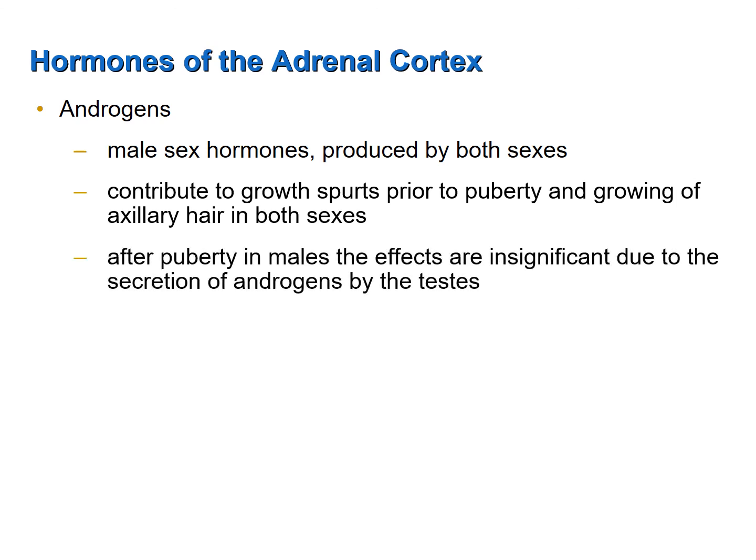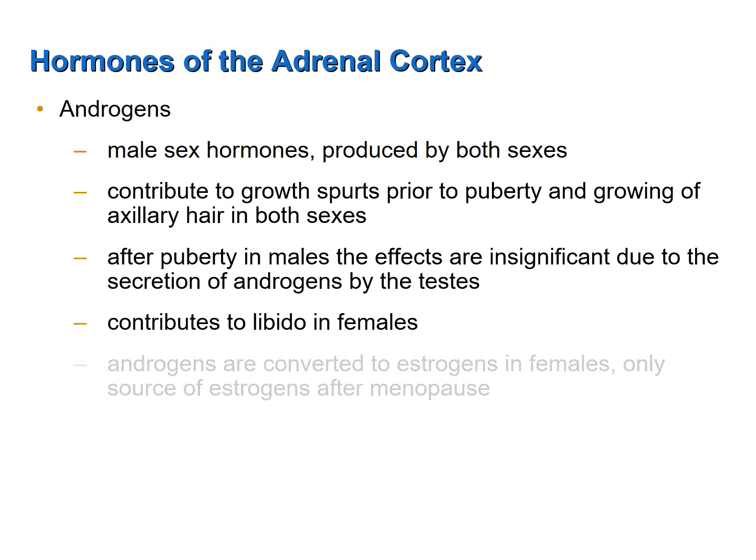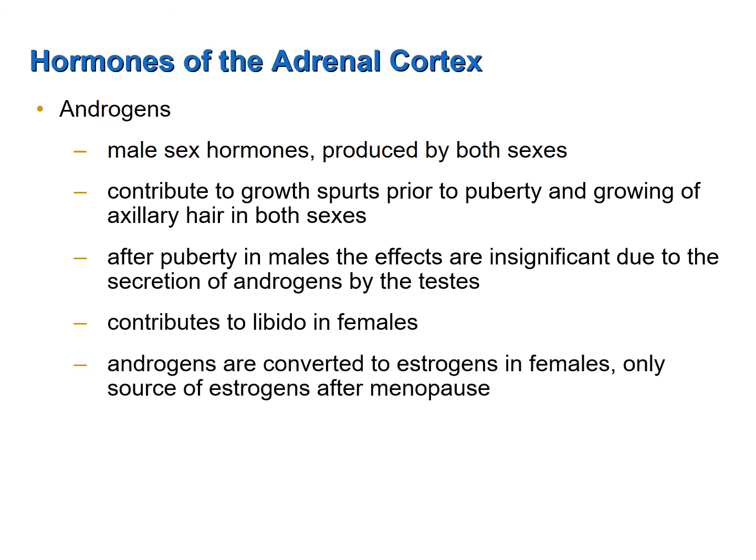After puberty in males, such a large amount of androgens are released by the testes that the amount released by the adrenal cortex is pretty much insignificant. However, in females, androgens appear to contribute to libido, or sex drive, and they are converted to estrogens. In fact, after menopause, androgens from the adrenal cortex are the only real sources of estrogen.